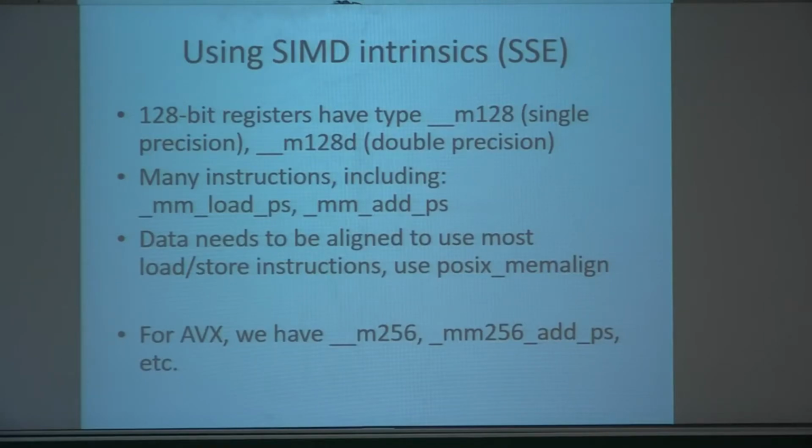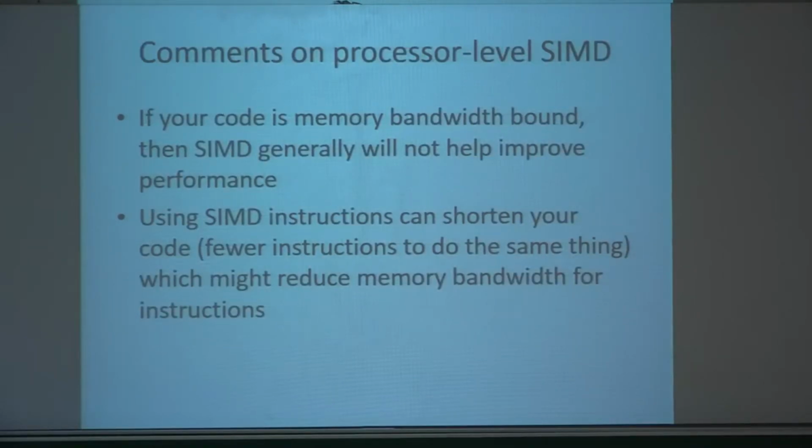So here are some examples of SIMD intrinsics. So you have some data types. Let's say this is for SSE, so 128-bit single precision, double precision data types, and then you have these instructions like load and add that map to SIMD instructions. Okay? So a couple comments about processor level SIMD.